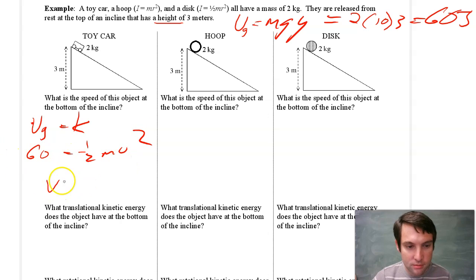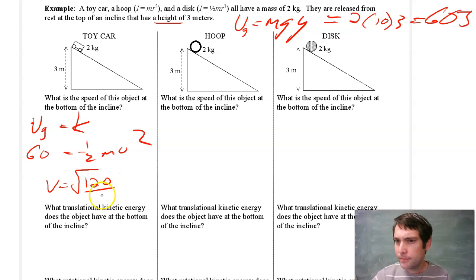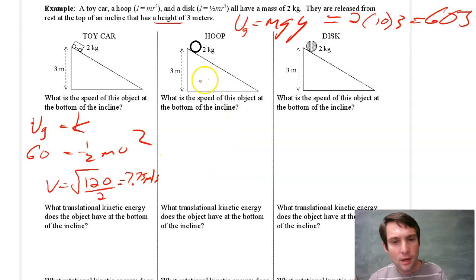Multiply by 2, divide by m, and you're going to get square root of 120 divided by 2, square root of 60, 7.75 meters per second.